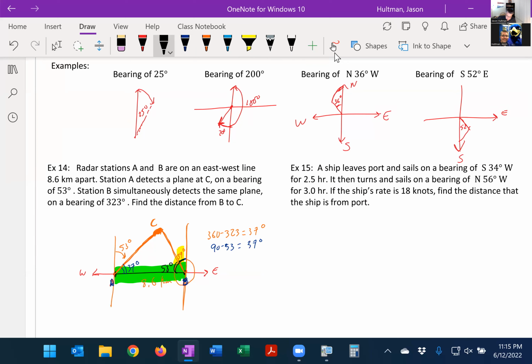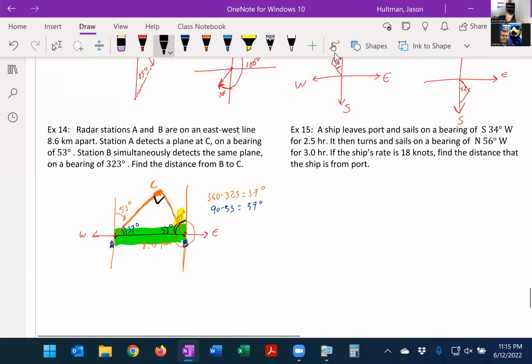And I noticed that 37 and 53, they are complementary angles. They add up to 90. And so if those two base angles of the triangle add up to 90, then this angle also has to be 90. So that's a right triangle. Hallelujah. We have a right triangle. Therefore, we can do some right triangle trigonometry.